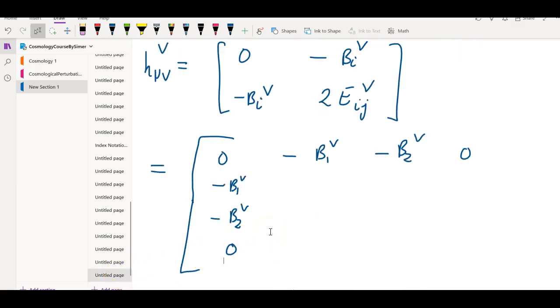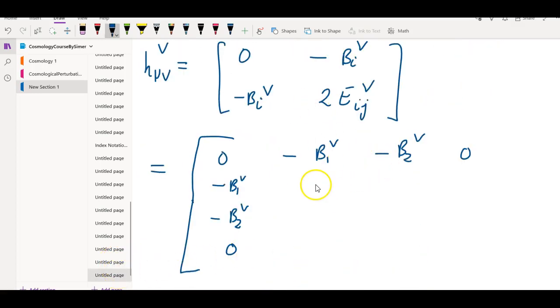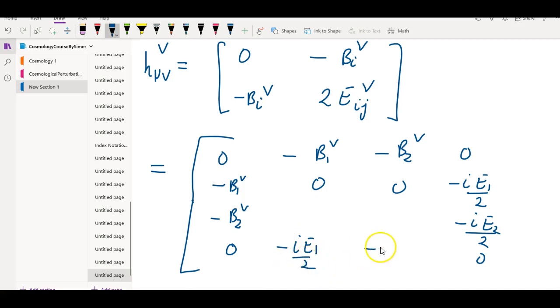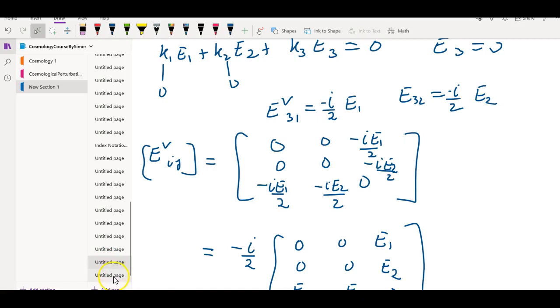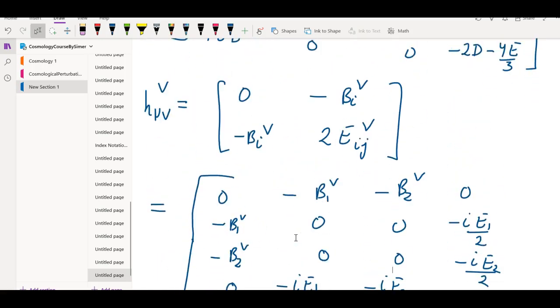Minus iota e1 by 2, two components 0, minus iota e1 by 2, minus iota e2 by 2, 0. Right, so these are the vector components.